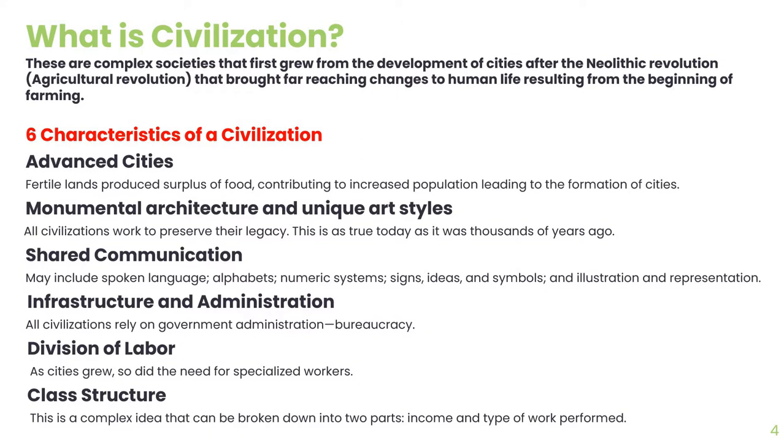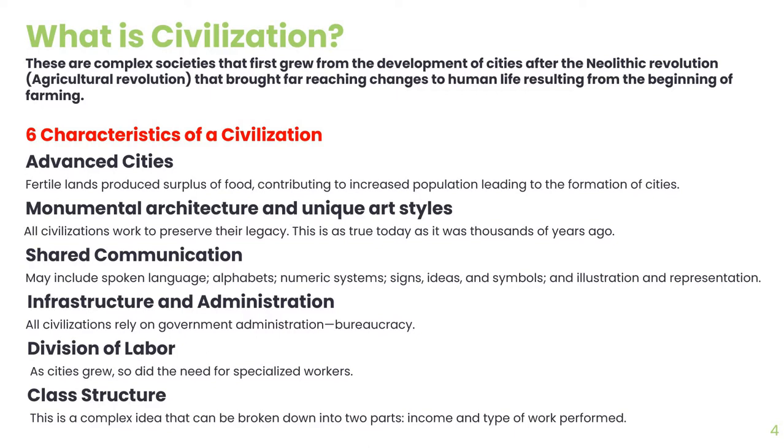Another characteristic is monumental architecture and unique art styles. Shared communication. Now, this communication can be in the form of spoken or unspoken. Okay, spoken language like the alphabets, numeric systems, signs, ideas. And then there's also the unspoken language, which are the pictographs, like illustrations and representations.